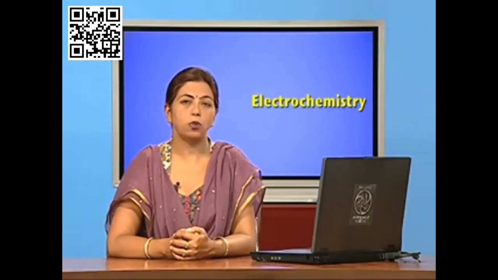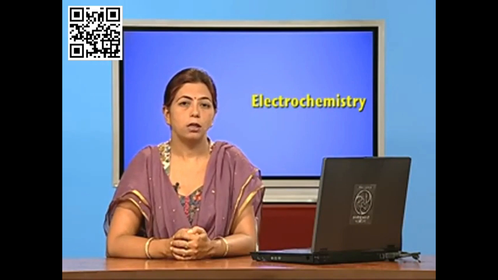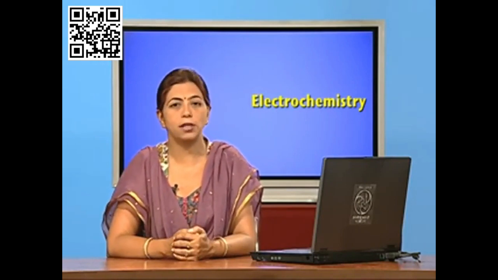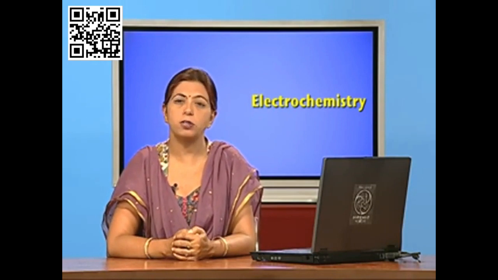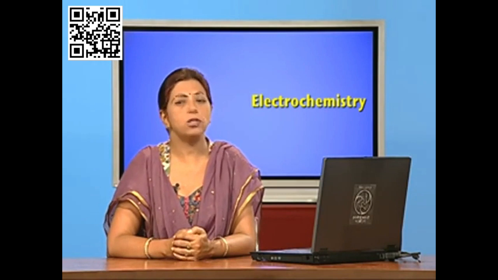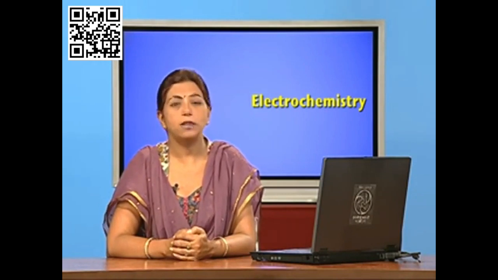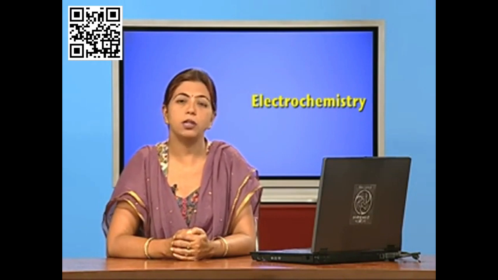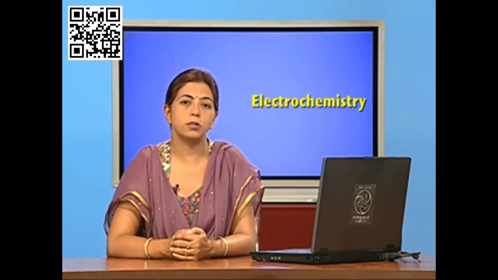Now let me clear you that the passage of the electrons from the zinc side to the copper side will take place for just a moment, and then the reaction will stop. Why does this happen? Why does the reaction stop? Why does the glowing of the bulb stop?